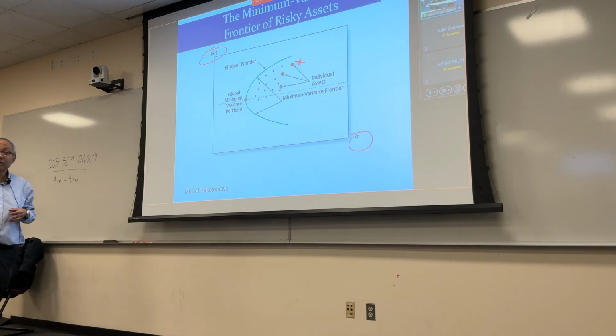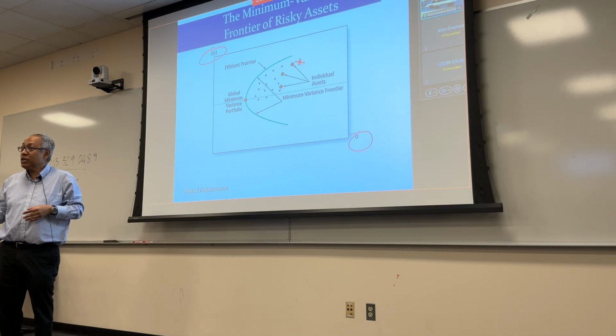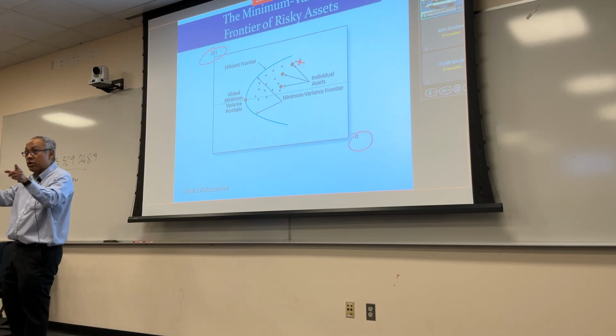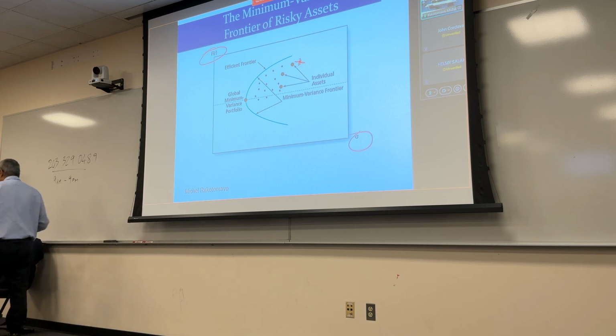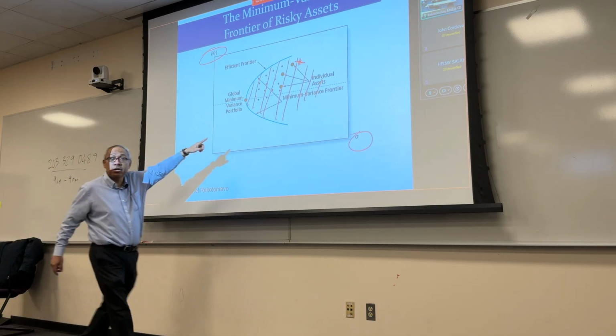However, it turns out that when you actually look at all of the possible portfolios using the stocks that you guys have chosen right now on Stock Track, the picture will look like this area. All of these dots. And you notice that there's some outer envelope. You guys have noticed the blue envelope here.